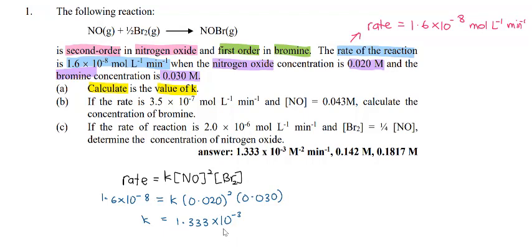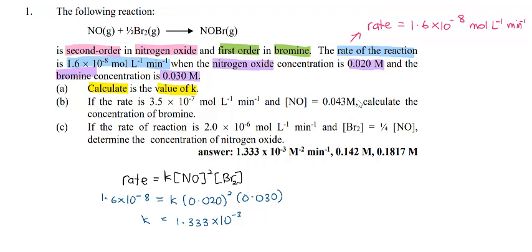But the problem is, what are the units for K for this reaction? If you still remember our previous video, we talked about how to find the units of K for each order of reaction. Same here, we apply the same method.